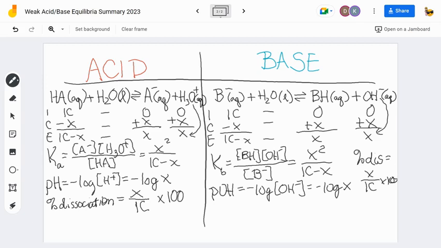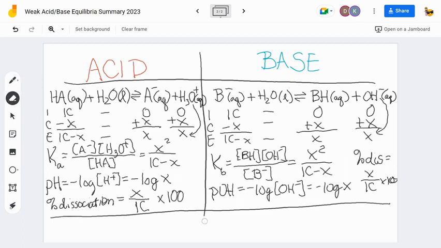I'm going to add underneath here. Let's draw a line. The things that are going to connect these two concepts, the acid-base concepts, the things that apply to both of them, are going to be pH plus pOH equals 14.